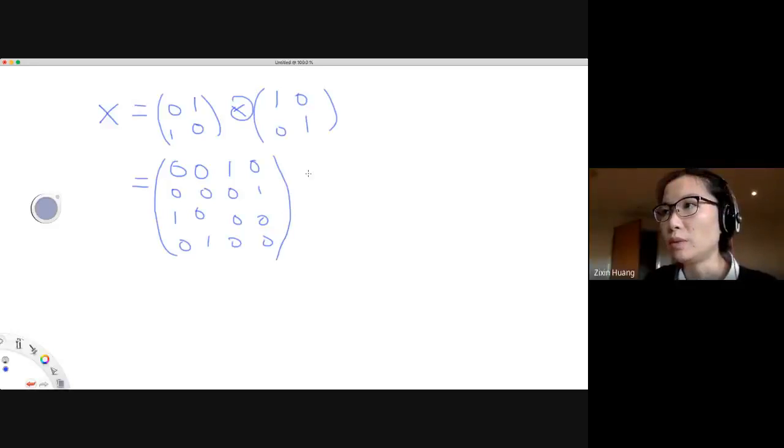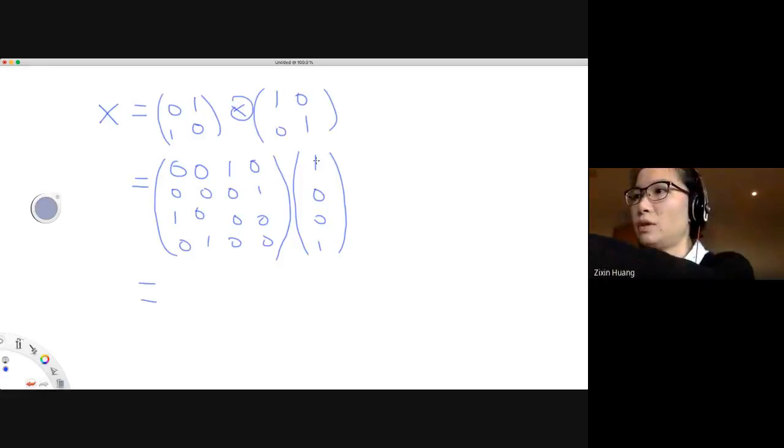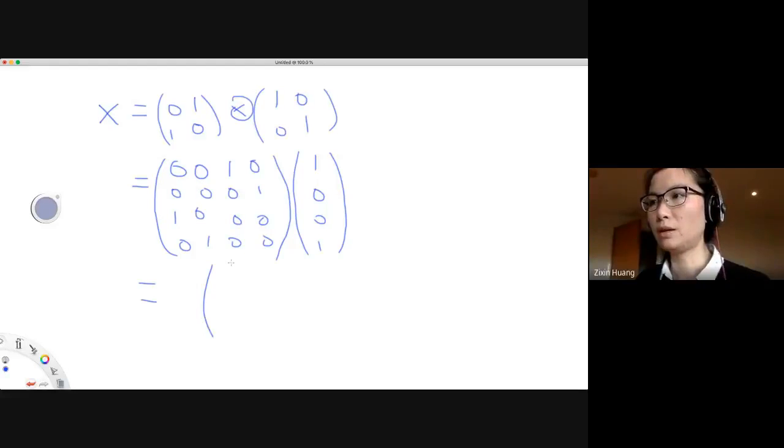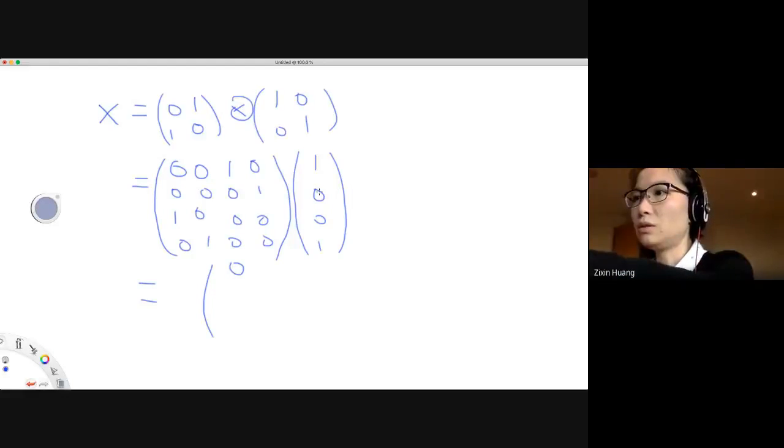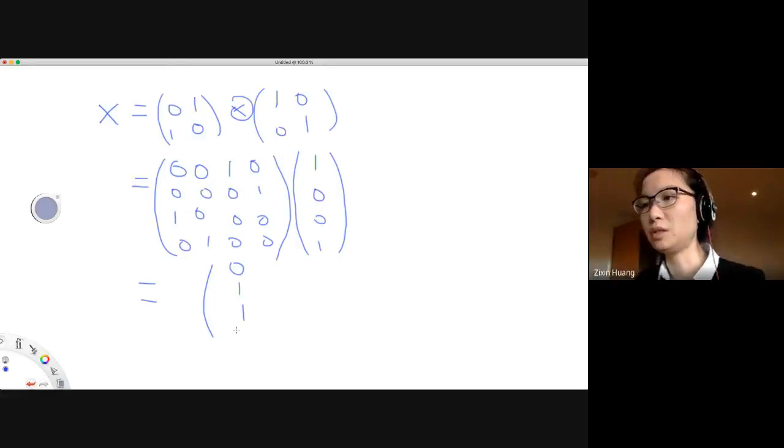So now if I act upon the state, when you do the matrix multiplication, okay, let's just do that properly. So you have 0, 0, 0, 0, 0. So the first term is 0, the second element is 1, the third element is 1, and the fourth element will just be 0.